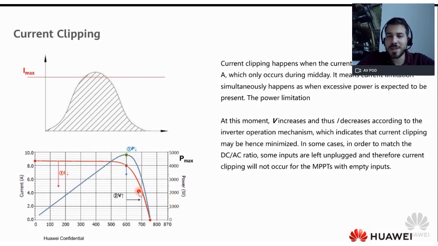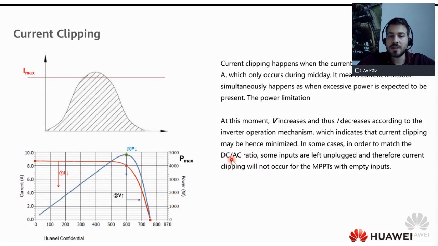But obviously during midday there is no temperature drop; the temperature is actually increasing because it gets more sun. Still, the voltage can increase due to these different MPPT settings. By this way, the current limitation is minimized.